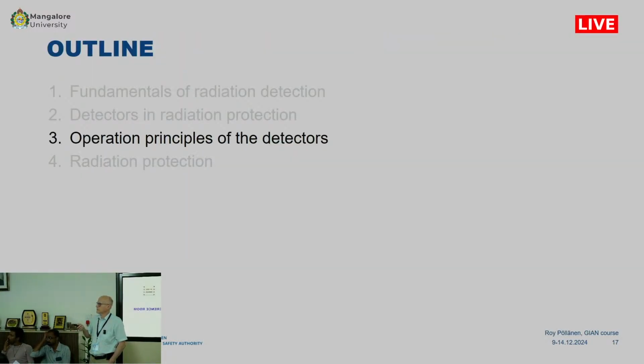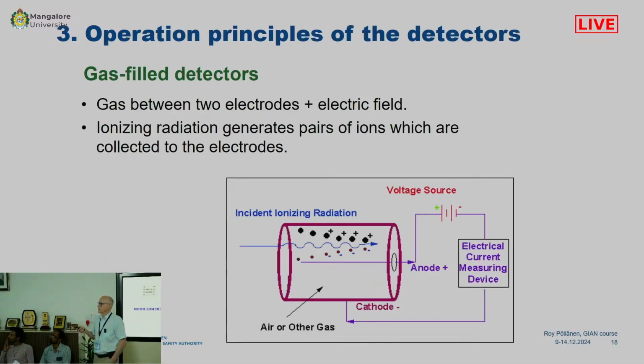Okay, let's have a quick look at the operation principles of the detectors. So, let's start with gas-filled detectors. This is a detector, this one, and there is gas inside. There is an electric field between the surfaces.